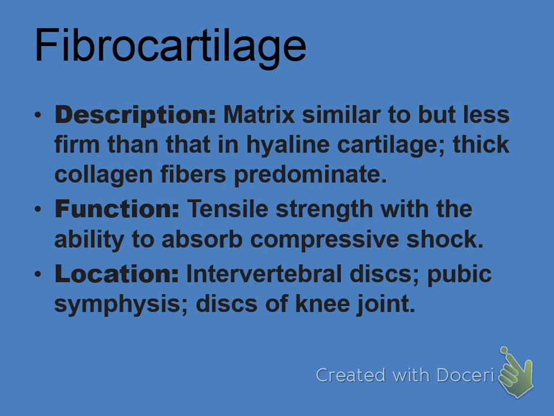Fibrocartilage, we find most of this in the pubic area. We have a disc between the pubic bones and also discs between each vertebra of the spine and in your knee. The joint of your jaw has this type of fibrocartilage, the little discs that we find. Really tough stuff.